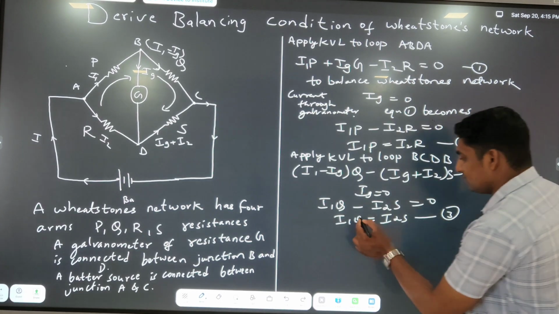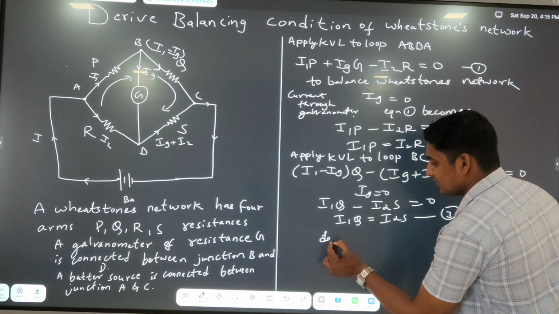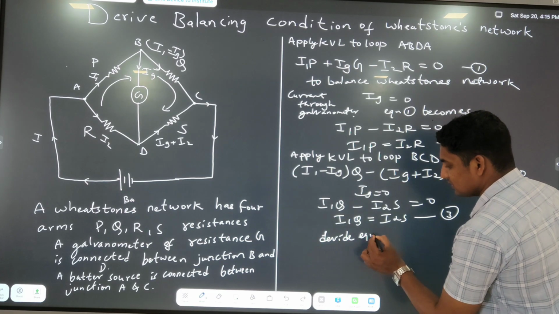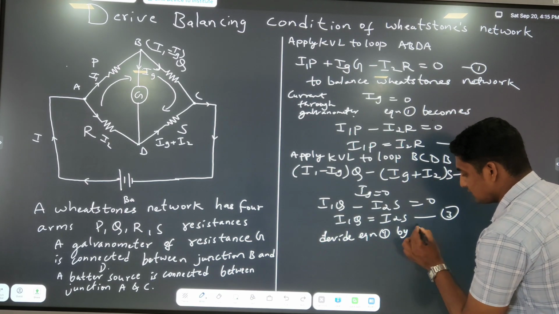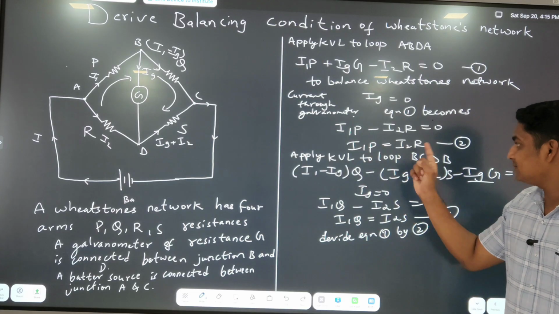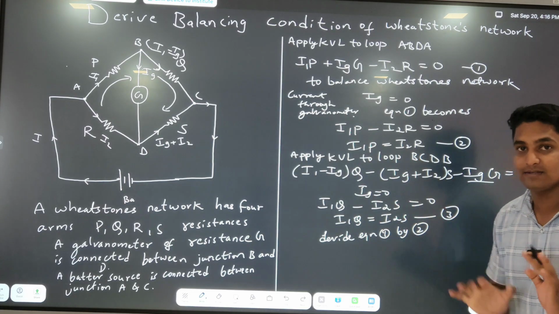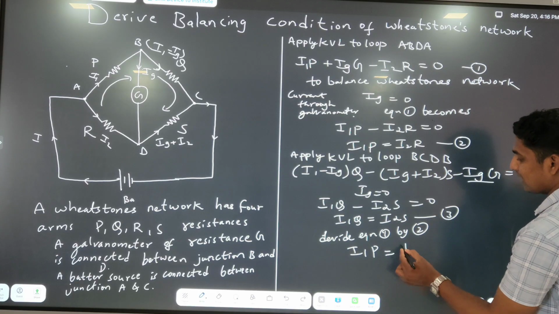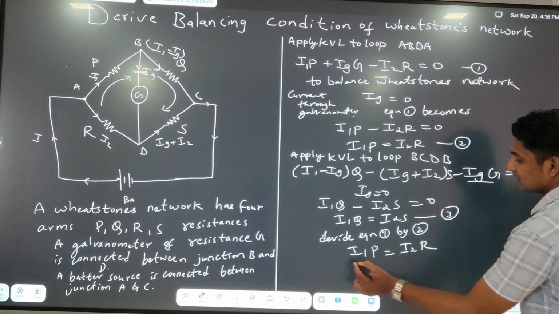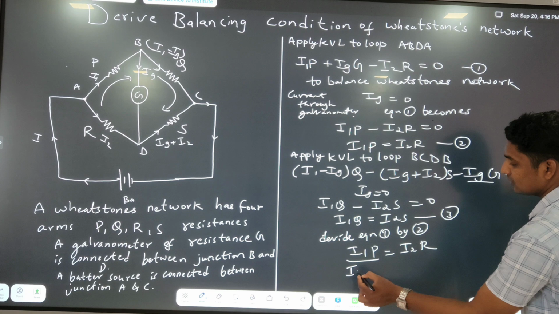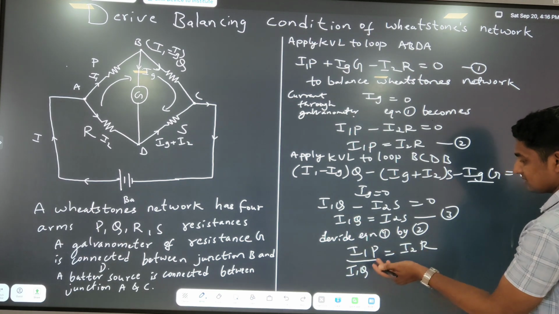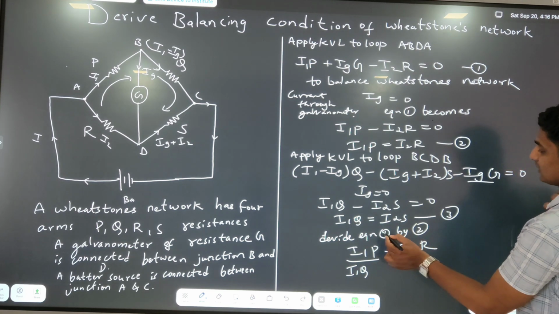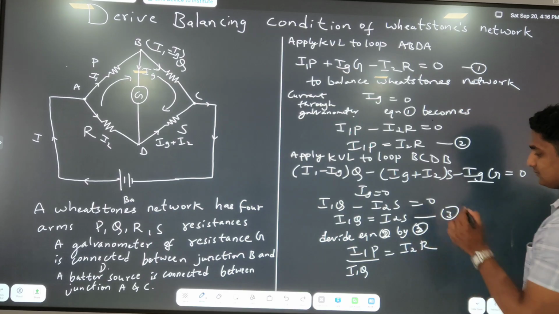We just need to divide equation 2 by equation 3, so that I1 and I2 cancel.